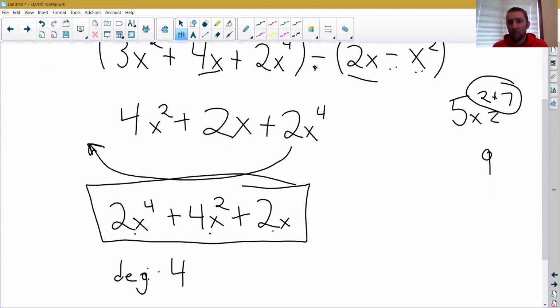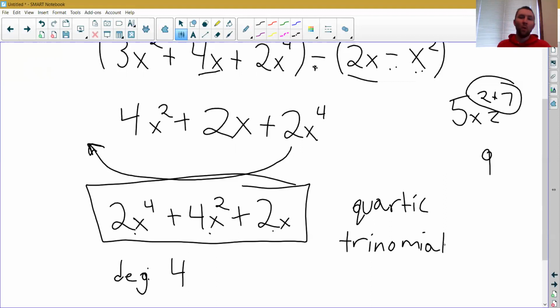Remember that we did have a special name for fourth degree polynomials. We called those quartic, like quarters. And there are 3 terms here, and we had a special name for polynomials with 3 terms. We called those trinomials. So our answer here is a quartic trinomial. We may have to classify polynomials on our test.